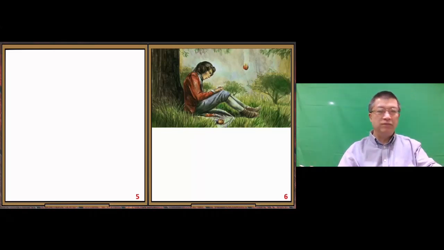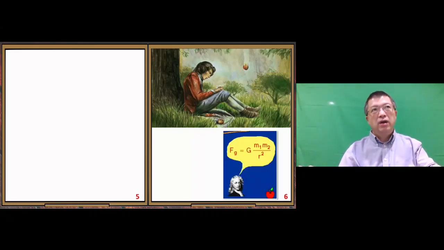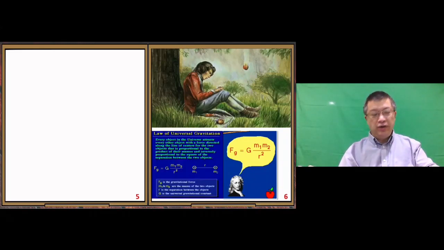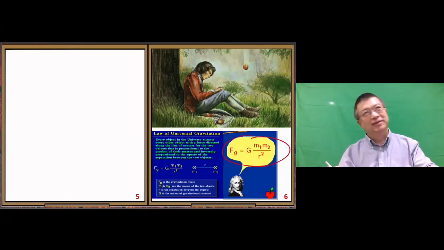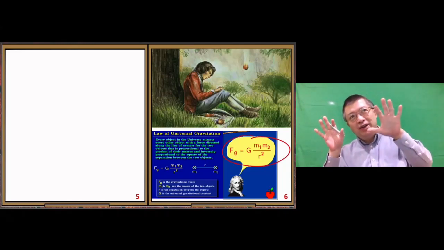Then he developed, or discovered, this law of universal gravitation. Okay? This law of universal gravitation, and the formula. Look at the formula. So here, I put this story here.